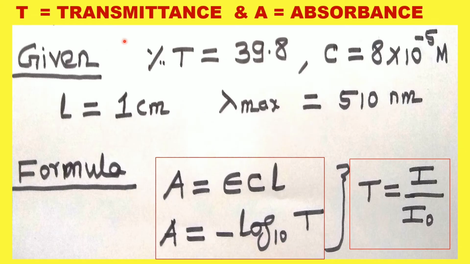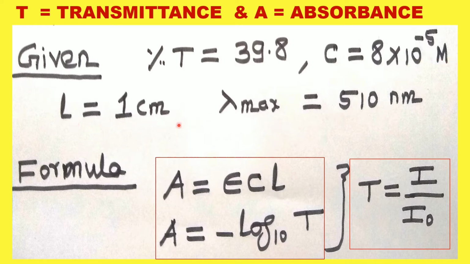Here, the transmittance is represented by the symbol T. Absorbance is represented by the symbol A. What are the data given? Percentage transmittance equal to 39.8. Concentration of the K-monophore solution is given, 8 into 10 power minus 5 molar.